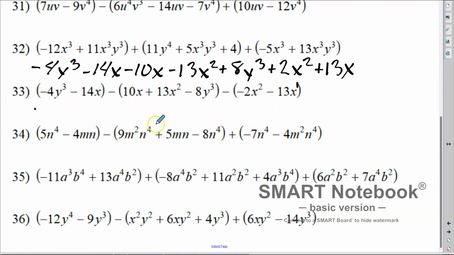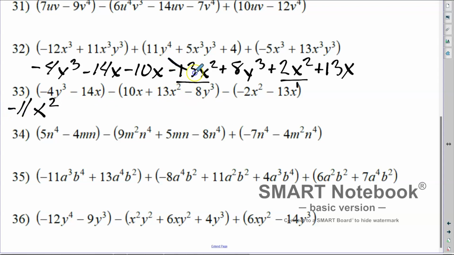Remember last time we talked about how before we look at the higher degree, we look at who comes first alphabetically, and that's x before y. I've got x's. Do I have x's to a higher degree? Yes, x squared and x squared. That's my first term of interest. I have minus 13 plus 2, so that's minus 11x squared.